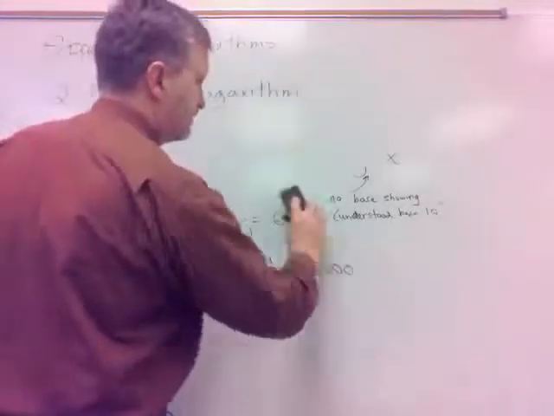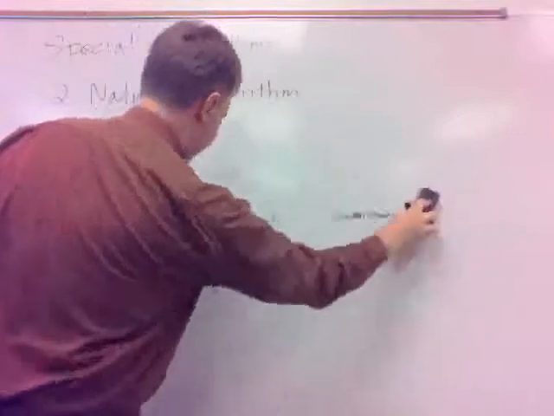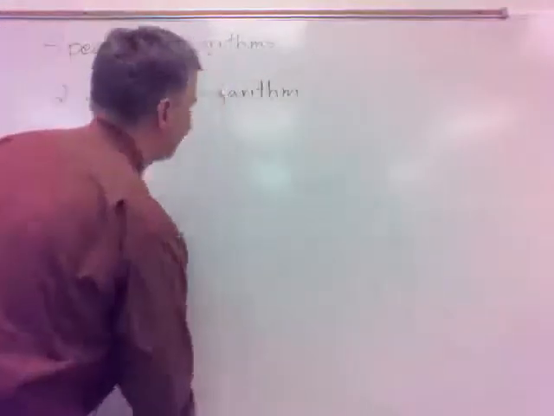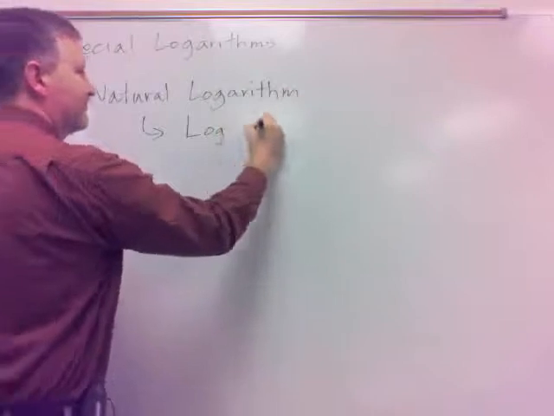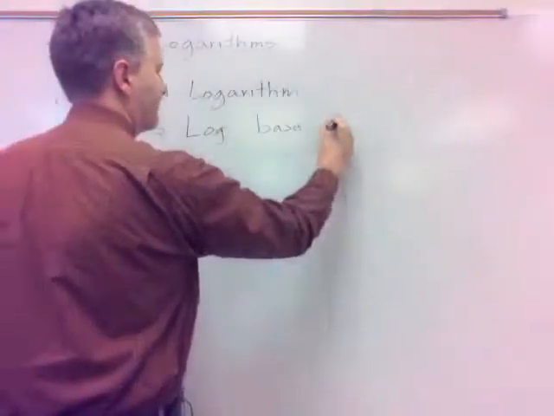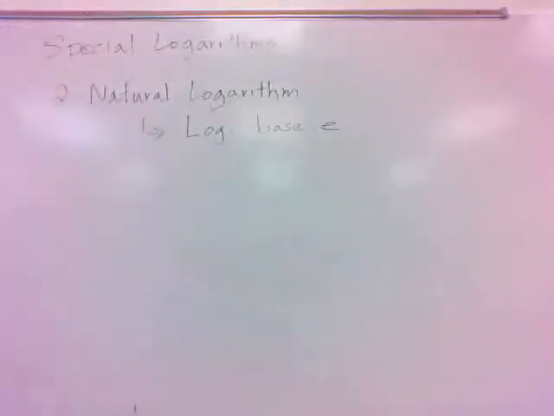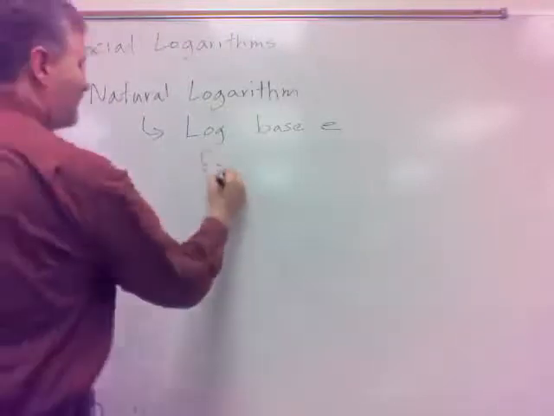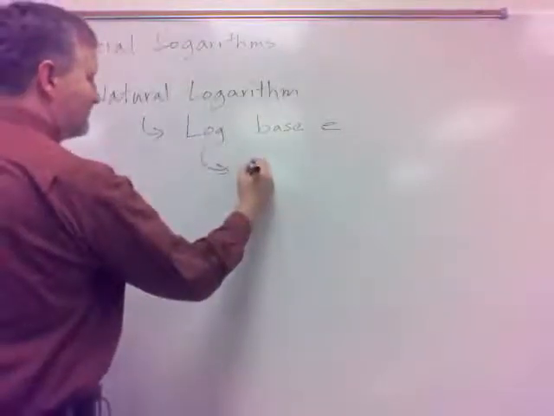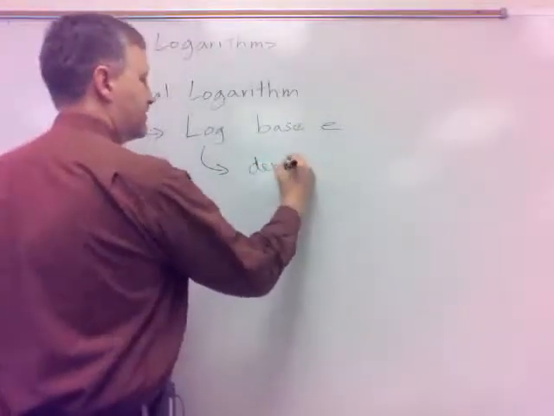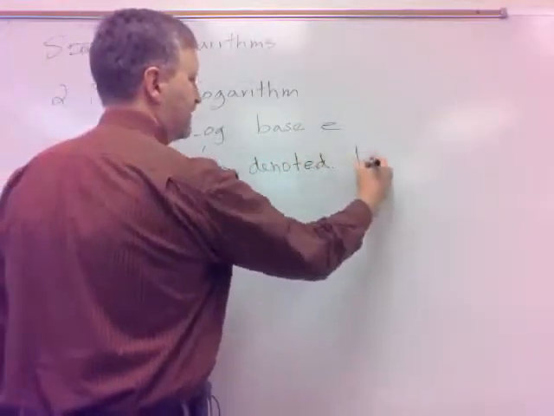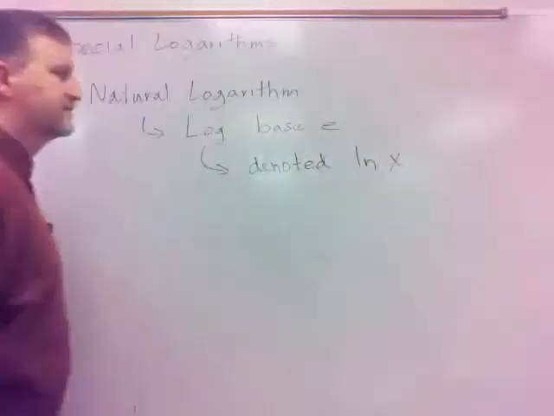The natural logarithm is the logarithm base e. Common logarithm base is 10. Natural logarithm is base e. And the natural logarithm is denoted ln of x.